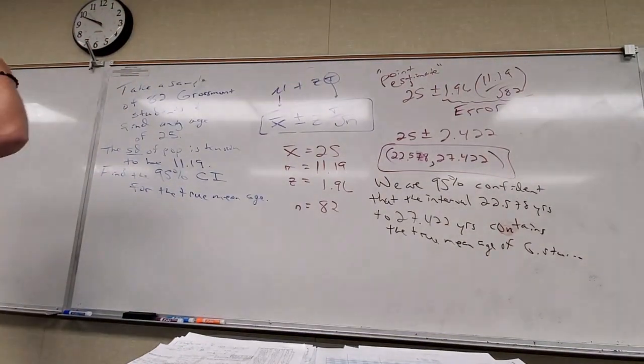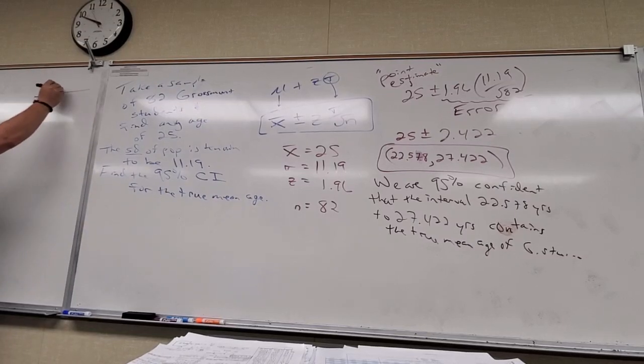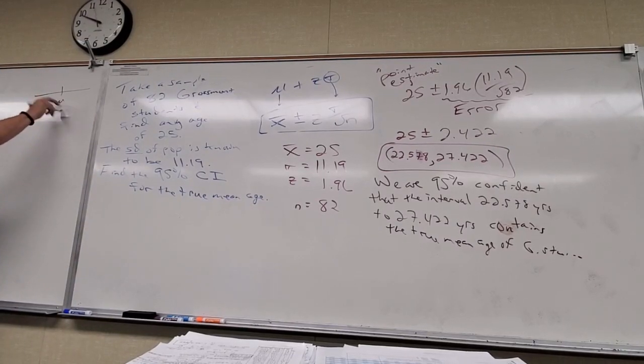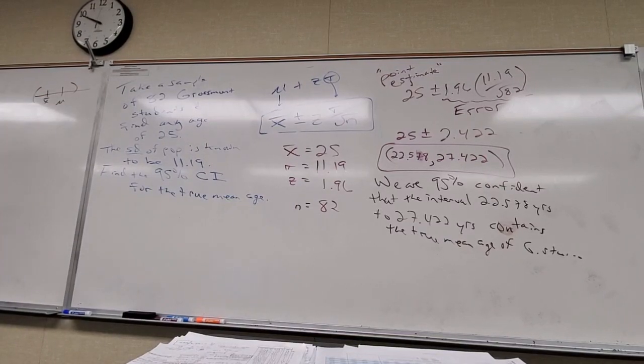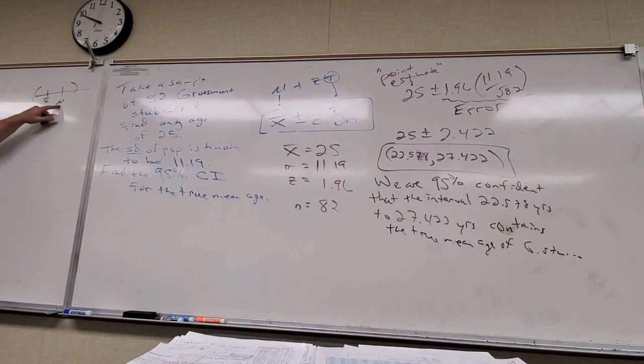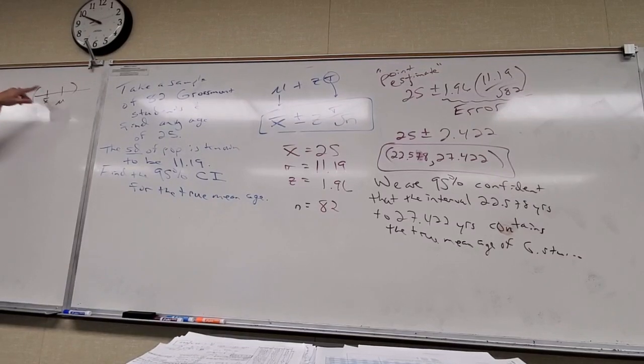There's a real mean that exists somewhere, and we're trying to catch it. So we can't say I'm 95% sure that the mean falls in, because the mean doesn't fall anywhere. The mean doesn't move around. It's just sitting there. So we're 95% sure that our interval catches it.